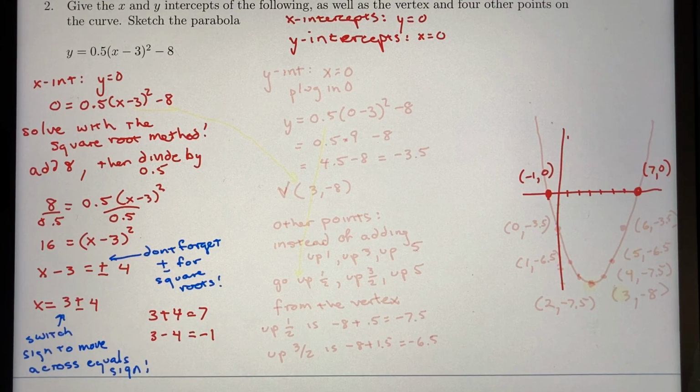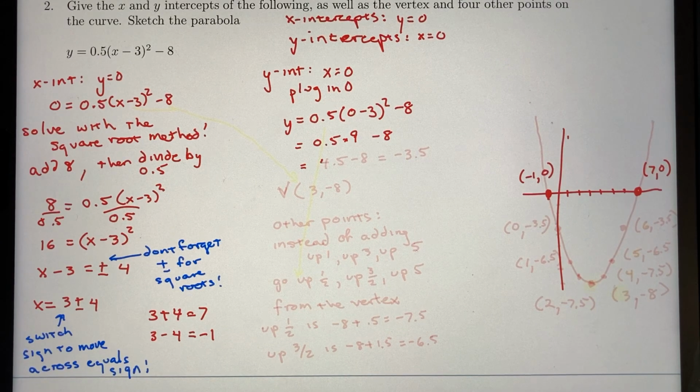Okay, y-intercept, x is 0, so plug in 0. Negative 3 squared is 9.